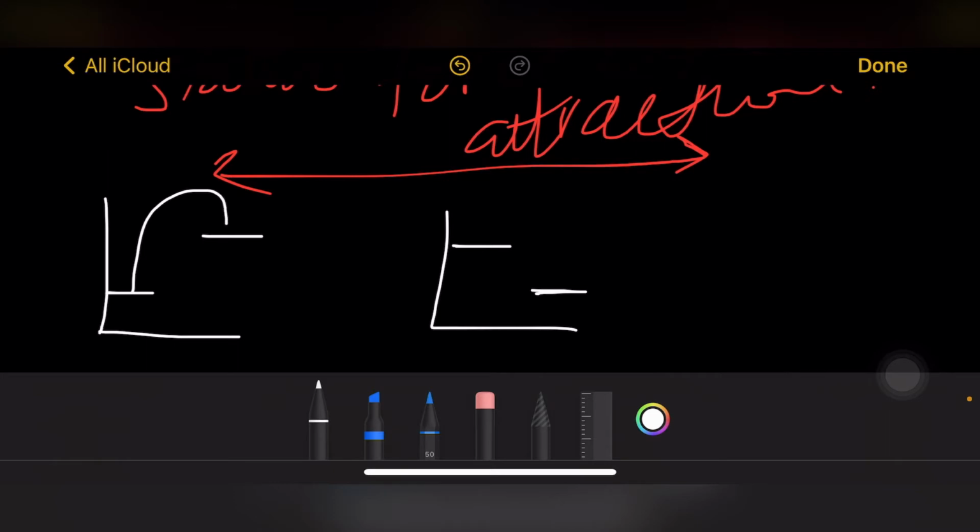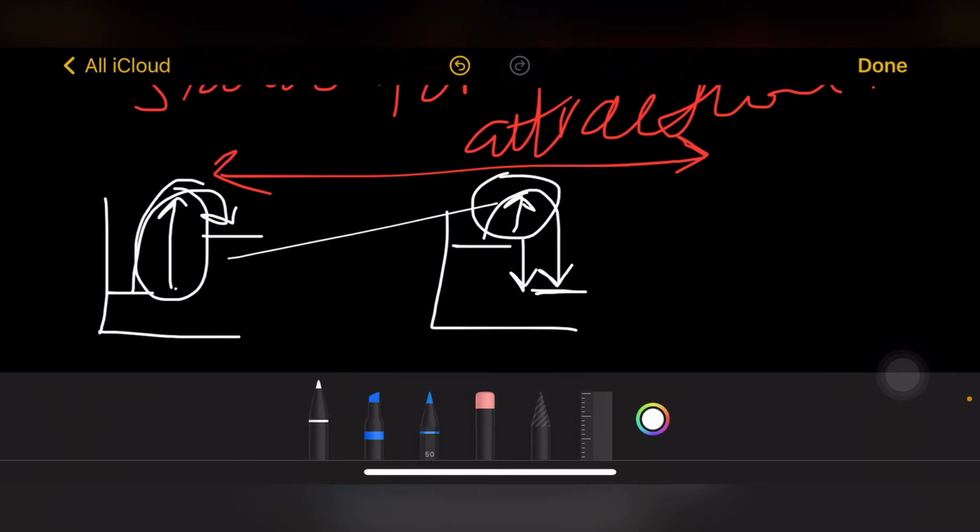Now this one is endothermic because it is gaining energy, and this one is exothermic because it is losing energy. And this is the activation energy, this one, and this is the activation energy, right?